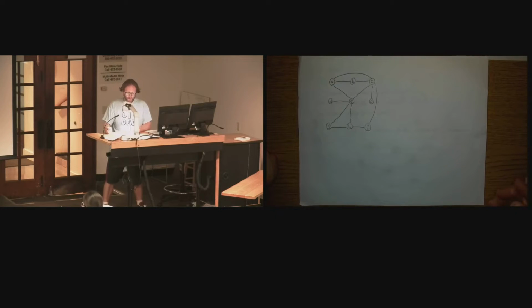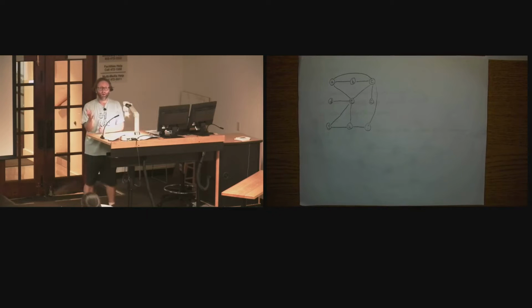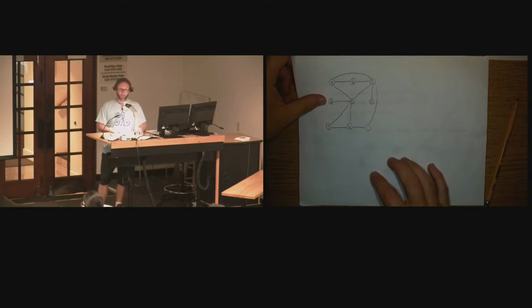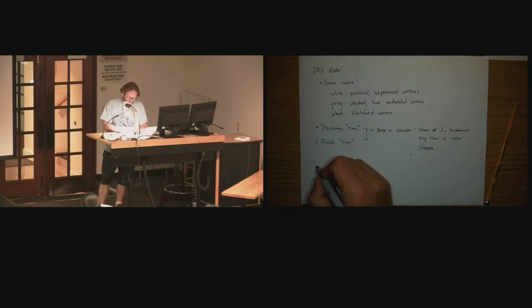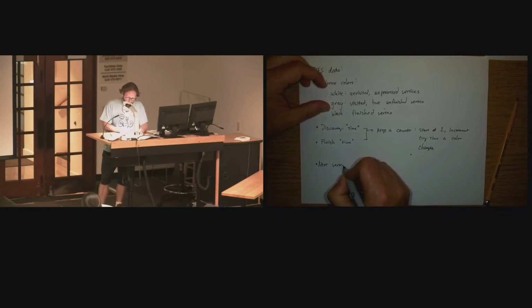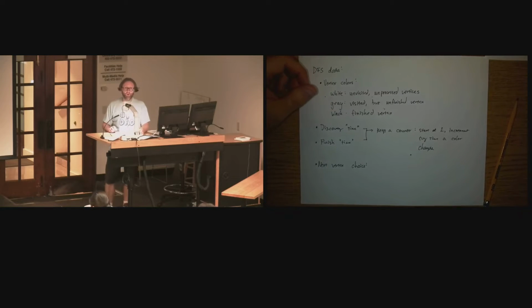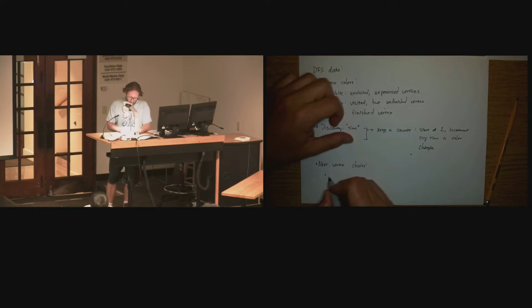Okay? Now there are lots of criteria that you can use to actually traverse your graph. We call that our next vertex choice. So you've got a lot of choices, right? You could visit the least weight edge next.